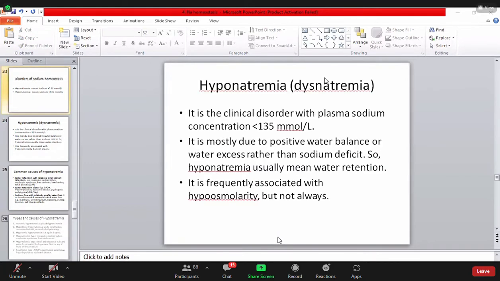এখন আসো elaborate পড়ি। Hyponatremia, another term is dysnatremia. Dys means dysfunction. So what is it? It is the clinical disorder with plasma sodium concentration less than 135 millimole per liter.